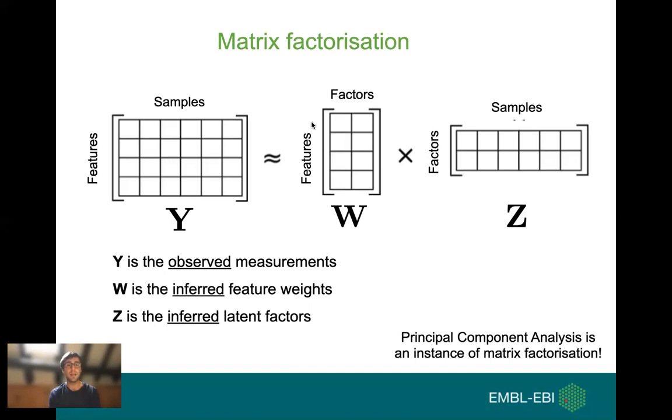Now, the challenge is what happens if you have multi-omics data, right? From the same set of samples, you have derived different data modalities. One option would be to just concatenate everything and run a standard matrix factorization. But that's not really a good idea, and there are different reasons why.